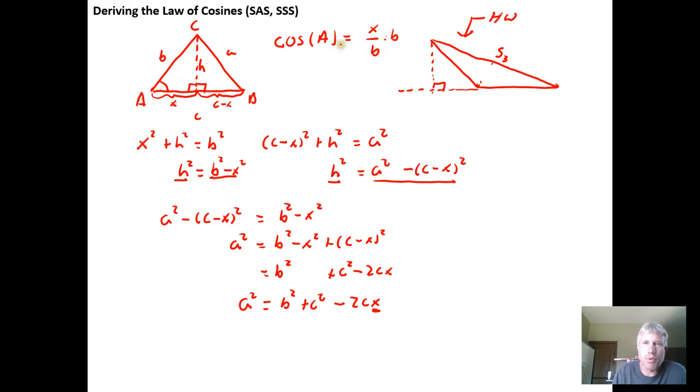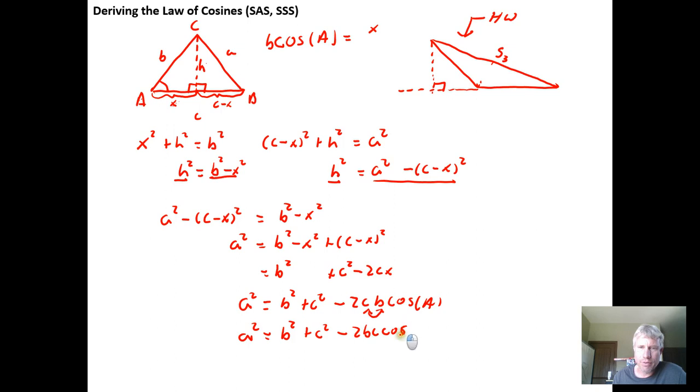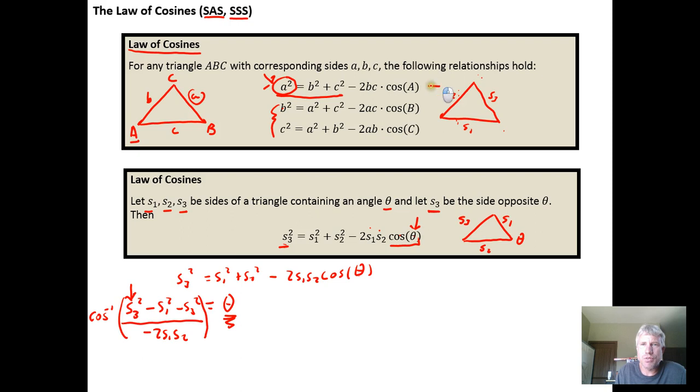And then if I multiply both sides by b, I get that x can be replaced with b times the cosine of A. So I step down here and I replace x with b times the cosine of A. And these can be interchanged by the commutative property of multiplication. So I can rewrite it as a squared equals b squared plus c squared minus 2bc times the cosine of angle A, which is exactly this case right here.